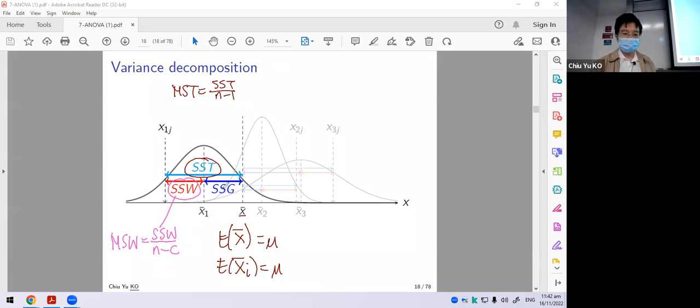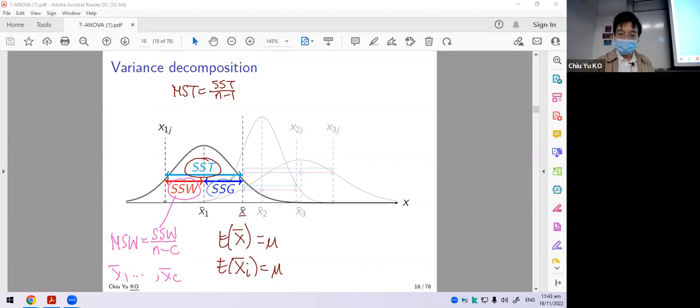Minus C because you measure C number of sample means, because you estimate X1 bar up to X bar C, so that's why minus C.